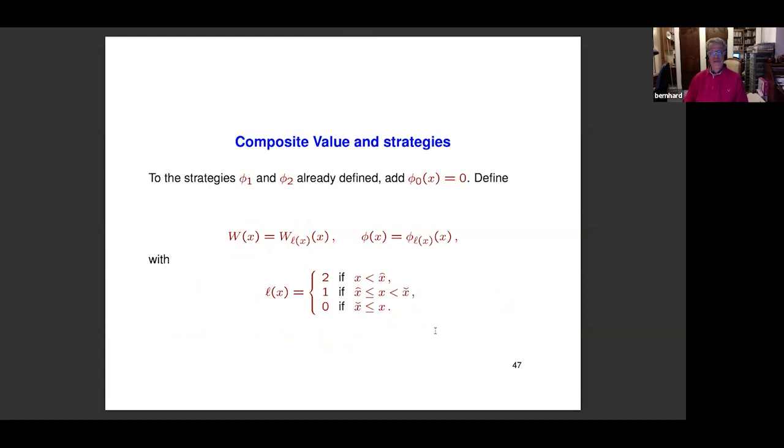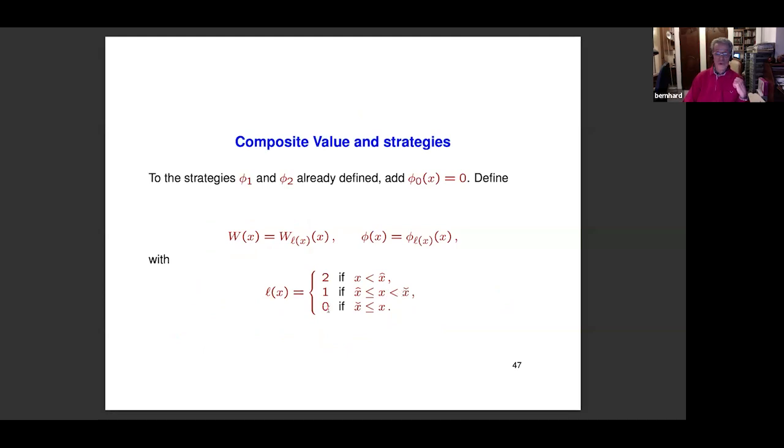Now I define a composite function W and a composite strategy phi, which are as follows. W will be W2 if x is positive, but smaller than x hat. It will be W1 if x is between x hat and x change.